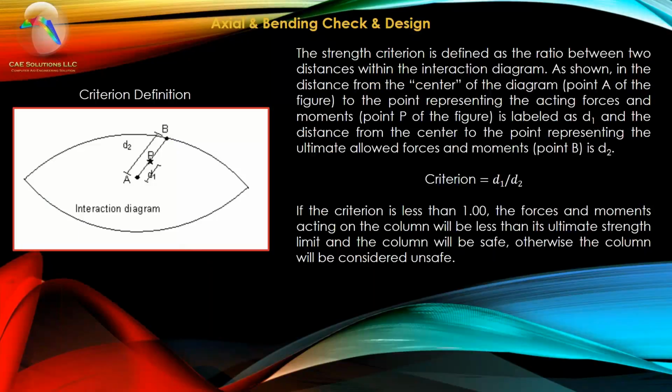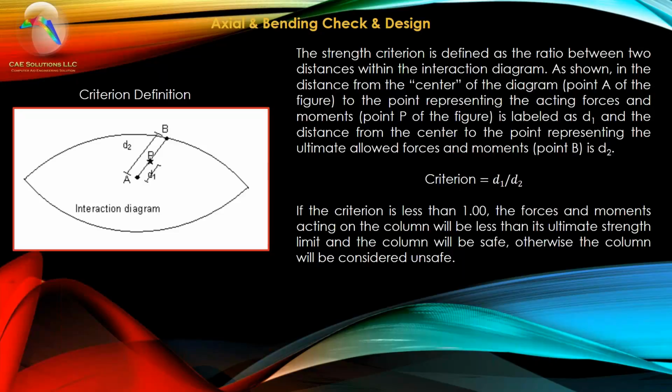The axial and bending check design is the paramount parameter required to provide us with whether we have adequate steel reinforcement. The strength design criterion is defined as a ratio between the distances within the interaction diagram, as shown in the distance from the center of the diagram, called point A, on the figure on the left, to the point representing the acting applied forces and moments, point P of the figure, which is labeled as D1.